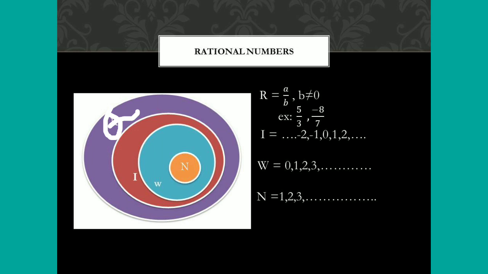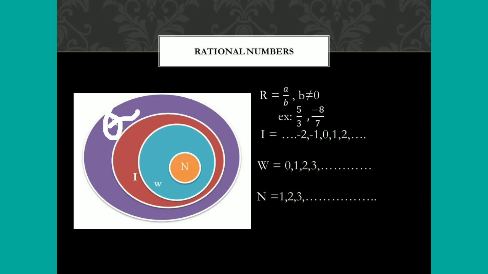That is 0, 1, 2, 3, etc. Next, integers. Integers include all whole numbers and their negative counterparts, for example -2, -1, 0, 1, 2, 3, etc. Right? So all these numbers belong to rational numbers.